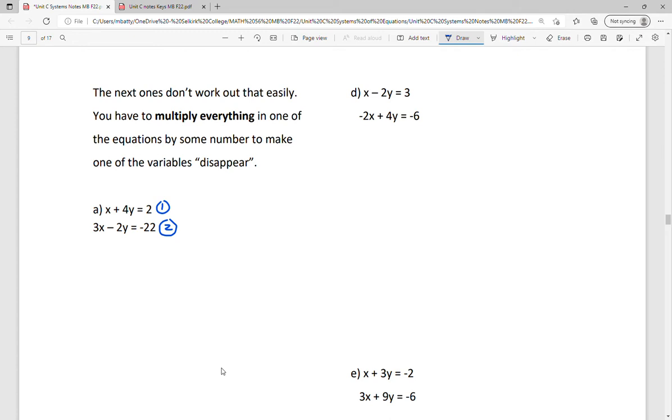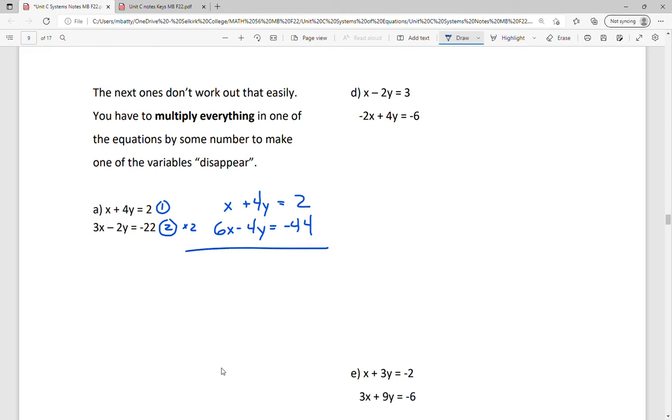So if I took equation 2 and multiplied it by 2 all the way through, I could get 6x minus 4y equaling negative 44. That's 2 times everything in there. Equation 1 was x plus 4y equaling 2.